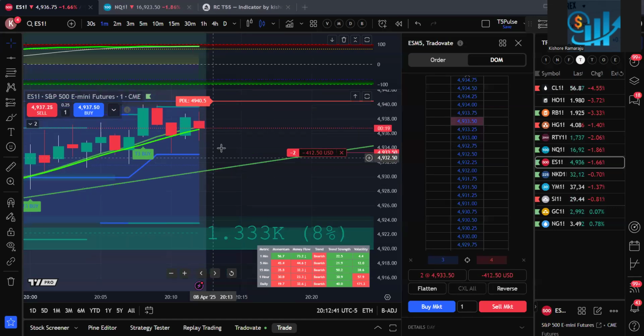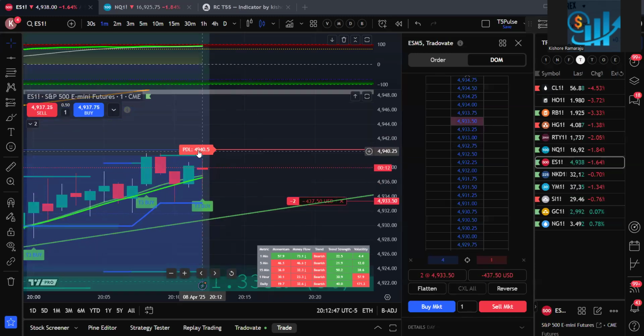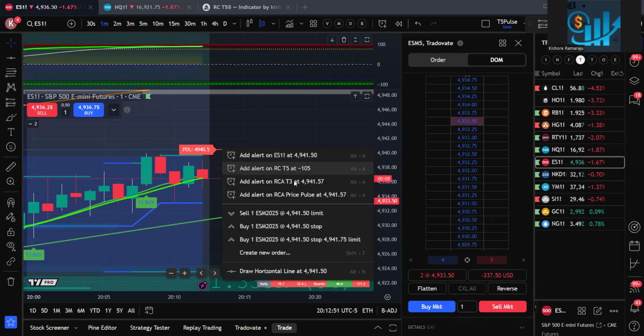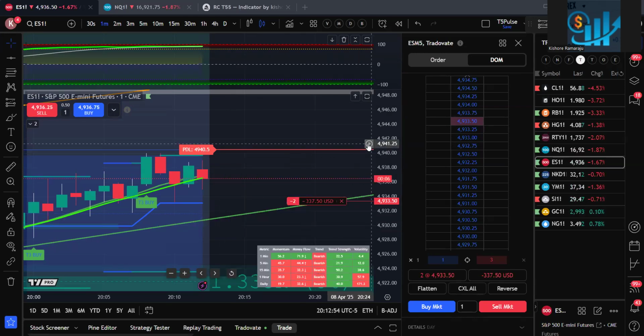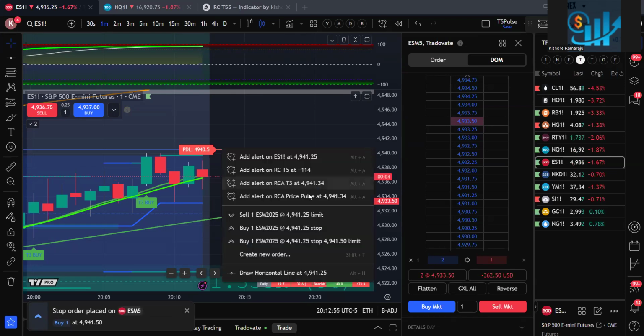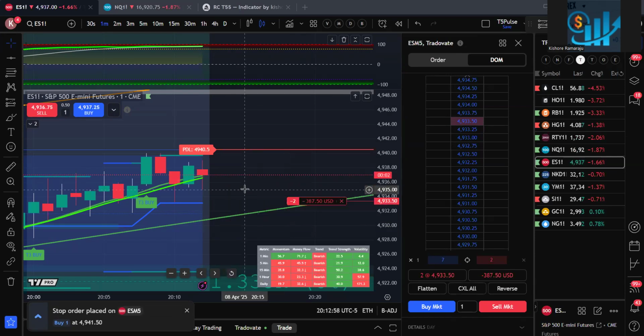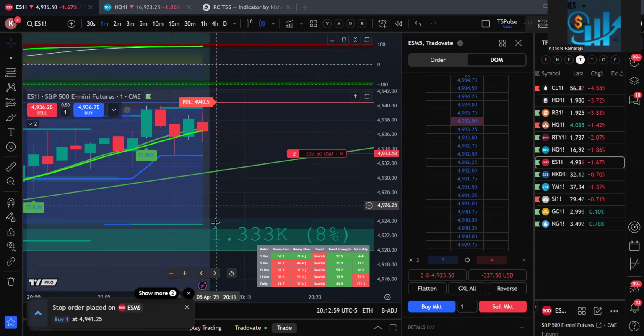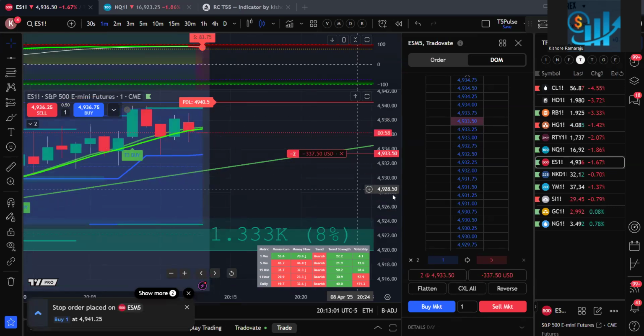Because the overall trend is very bearish, we can hold it. So I can have my stop loss somewhere about this. Order submitted. Come on, come on.